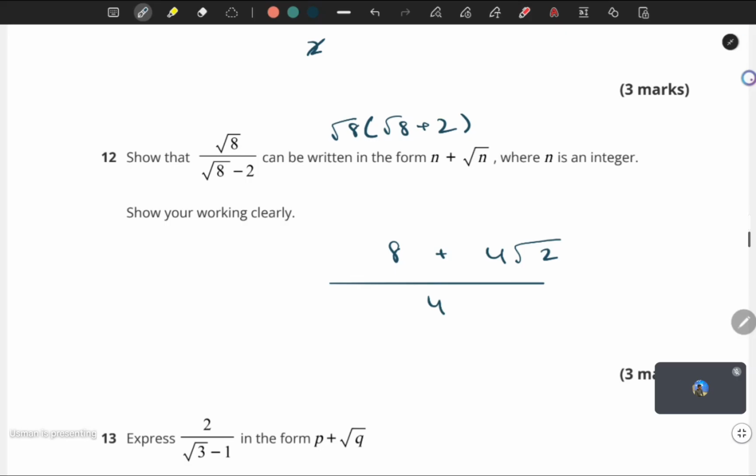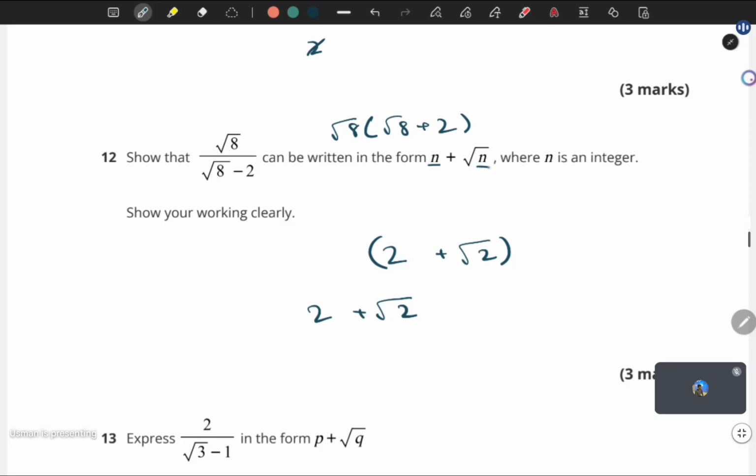Can we do that? Yes. Similarly, now we can take 4 common. This would become 2 plus root 2 in the bracket, and you have 4 outside. This 4 and this 4 will cancel out. Now you have 2 plus root 2.